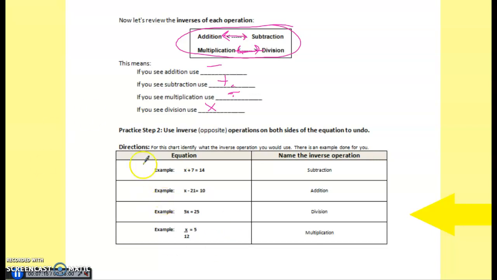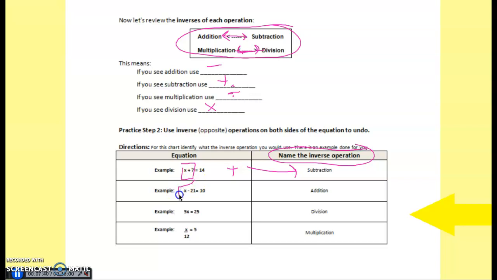So again, we're going to practice step 2 using inverse operations on both sides of an equation to undo it. In my example here, I have x plus 7. My operation between my variable and the number is addition, so my opposite is subtraction. My directions tell us to name the inverse operation. What is the opposite?